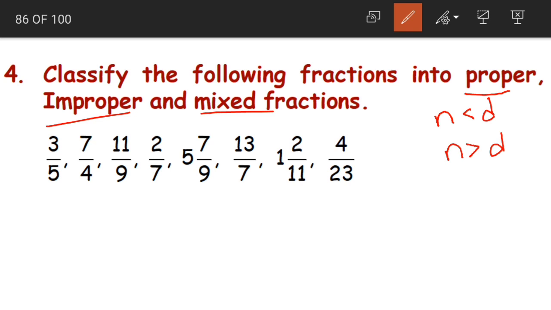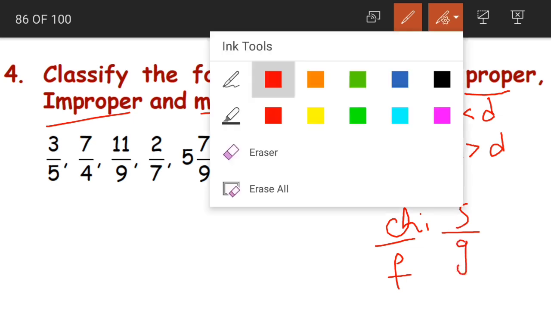And mixed fractions have both a whole number and a fraction. Do you remember the example that I gave? The example of a father and a child. Yes, father should be below and the child should be above. That means smaller number divided by the greater number. This will be our proper fraction.